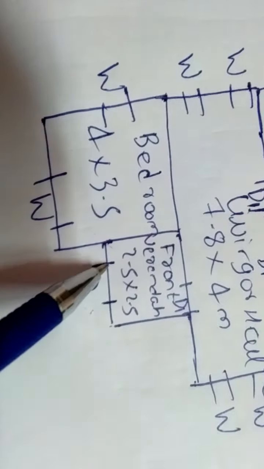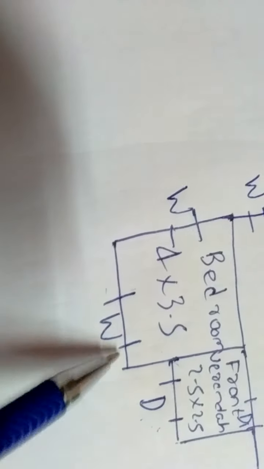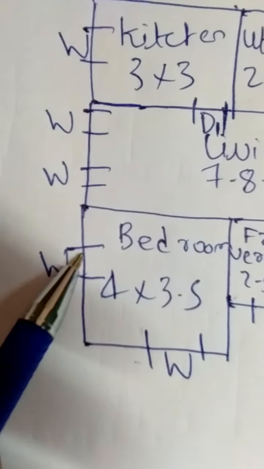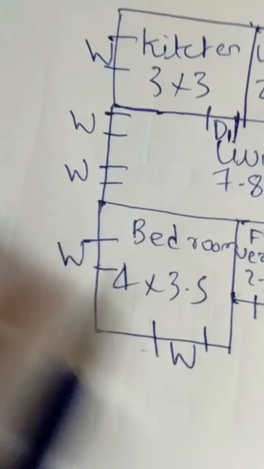So D is 1.2 meter. Similarly W is 1.5 by 1.2, that is 1.5 in the width. So here you can see this is 1.5, and here this width is also 1.5, and 1.2 in the height, but 1.2 is not visible, so no problem. In this manner construct the line diagram and give the door, window and ventilator sizes accordingly. Thank you.